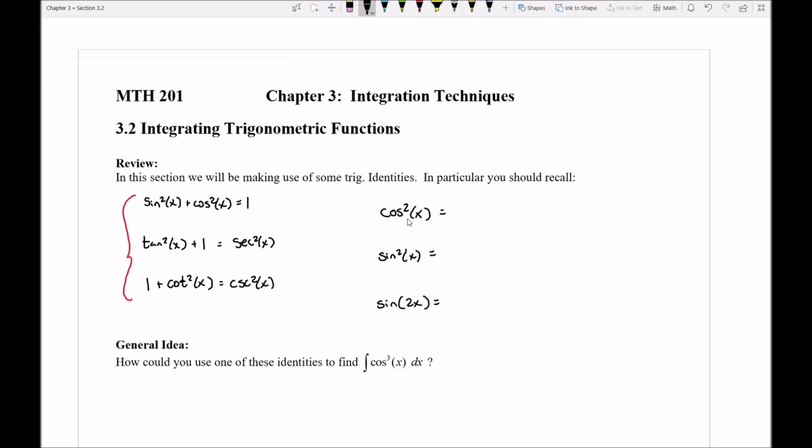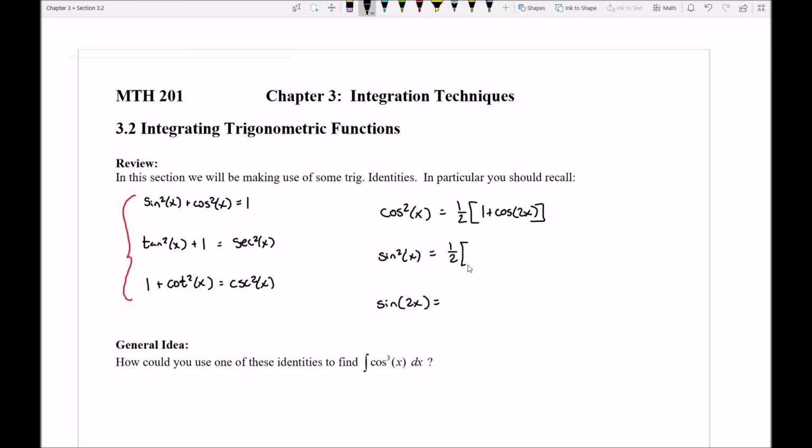While it is possible to get a very simple identity for cosine squared of x from the first red identity, simply by moving the sine squared to the other side, we're actually going to be using a double angle formula, which tells us that cosine squared of x is equal to 1/2 times 1 plus cosine of 2x. That is, whatever the angle is over here, it gets doubled over there.